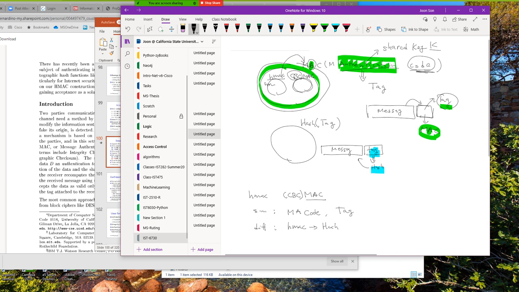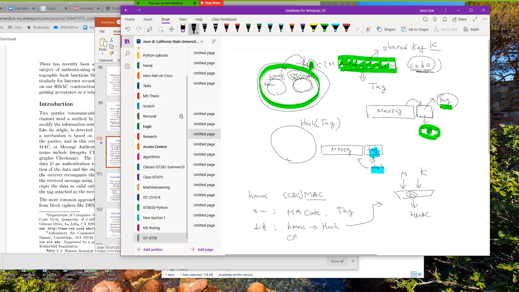Conceptually, it's more complicated than a plain hash function, but roughly, you have a hash function, a message M, and a shared key K, and it generates the HMAC value. Sometimes it's called the MAC value, or sometimes the HMAC value, right?